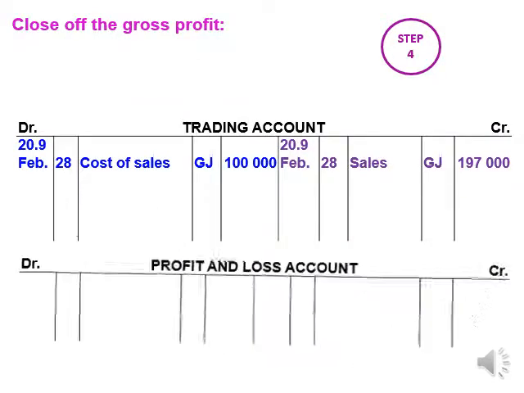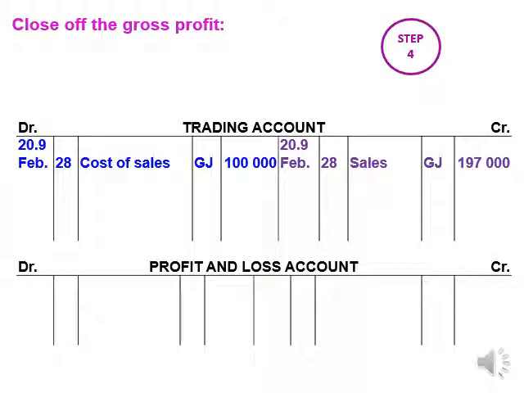Now, step number 4 is now to transfer the gross profit from the trading account to the profit and loss account. What do we use the profit and loss account for? To calculate the net profit. How do we calculate the net profit? It's the gross profit plus other income minus expenses. We use the trading account to calculate the gross profit, but it needs to be transferred to the profit and loss account because it becomes part of the calculation for our net profit.